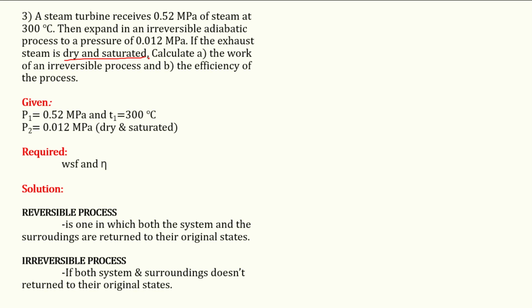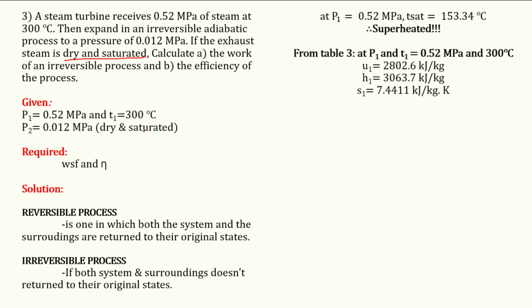Okay? So, kunin muna natin yung properties natin at P1 and T1. So, at P1, 0.52 megapascal, ang Tsat natin is 153.34 degrees Celsius. Therefore, P1 and T1 is a superheated condition. So, kapag superheated, sa table 3 tayo titingnan. So, by using P1 and T1, 0.52 megapascal and 300 degrees Celsius.